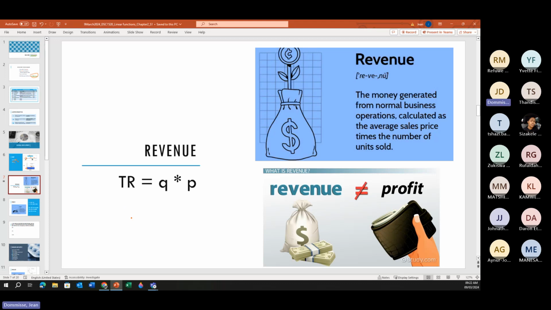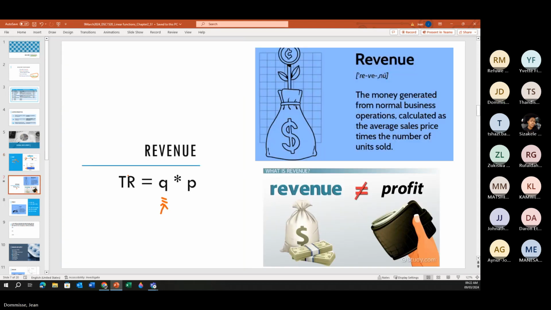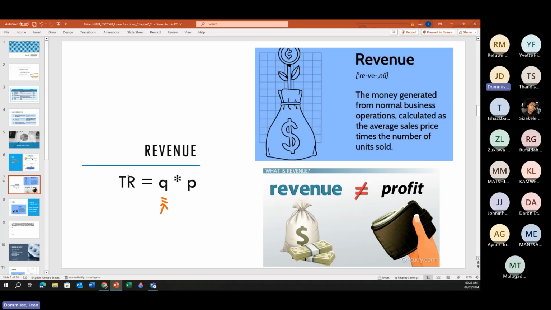The formula for revenue has a similarity between the Q in revenue and the Q in cost. It will be the same. When they talk about it, they might mention the one, but you then need to use it in the other function as well.